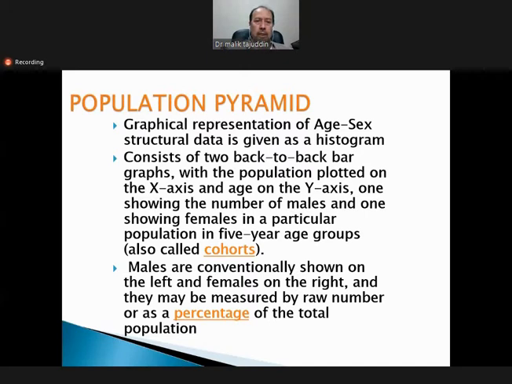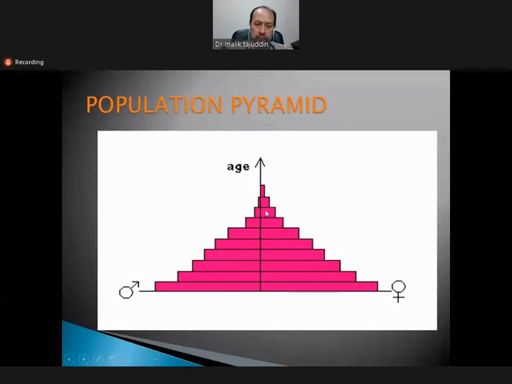So this consists of two back-to-back bar graphs with the population plotted on the x-axis and the age on the y-axis. Now you can see here that age is on the y-axis, increasing, and the population is on the x-axis. So this is 0, and this is 1, 2, 3, 4, 5 in millions or billions, whatever these numbers are, for the males, and then 0, 1, 2, 3, 4, 5 for the females.